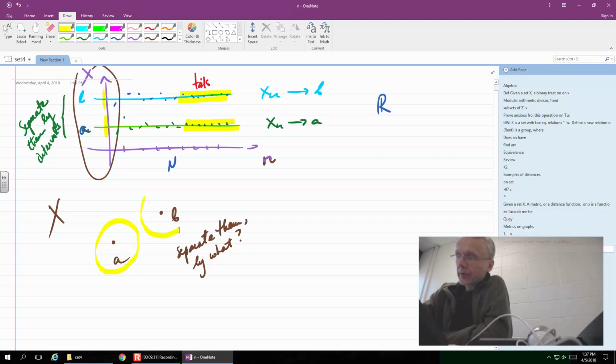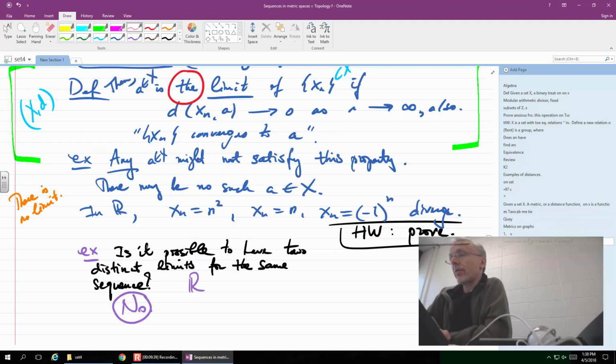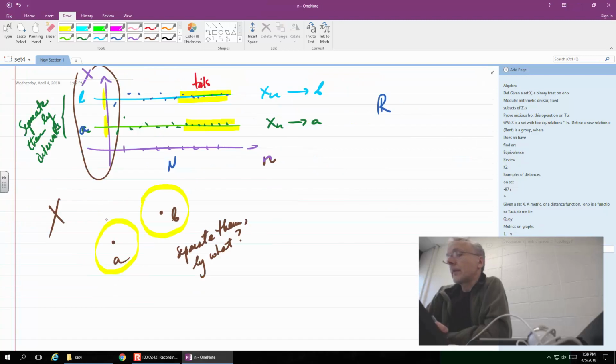You put two disks around them like this, and then what is supposed to happen is once again the same idea with our definition. The tail of the sequence will be within one or the other, and it cannot be simultaneously in both. That's how you prove it in R2 or R3 or R4: you put two disks. If the disks are small enough, they will not overlap, and then they both have to contain the tail of the sequence.